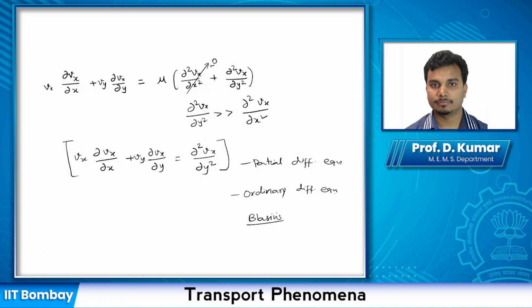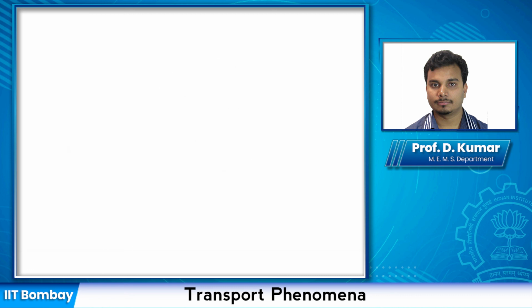And so when you do this conversion from partial to ordinary differential equation, it turns out to be a third order ordinary differential equation, and to solve that you need 3 boundary conditions. For this plate, we know that at y equals 0, that means at the plate surface, the velocity is completely 0.